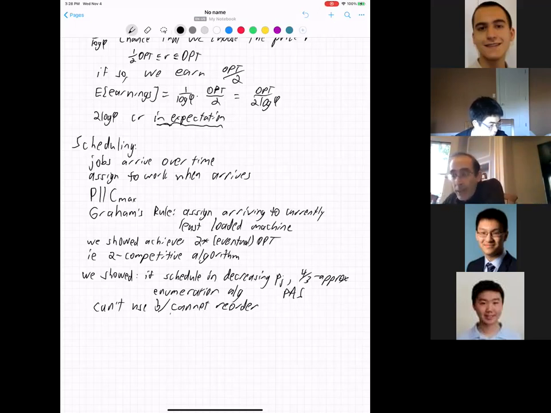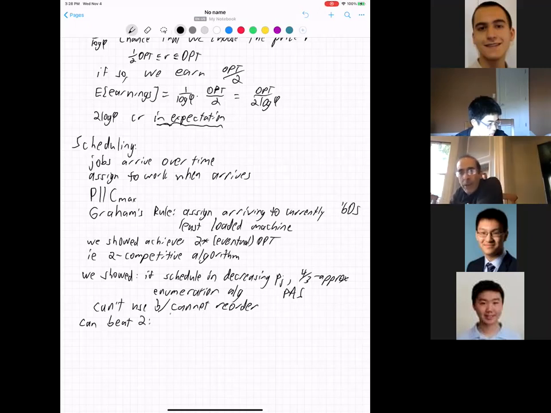Now, does that mean that this 2 competitive ratio is the best you can achieve? The answer is no. You can beat 2. Okay. So, I mean, Graham's rule was from the 60s, right?